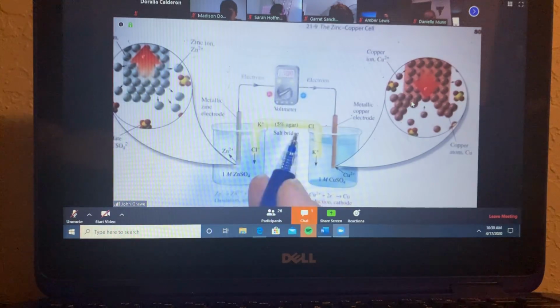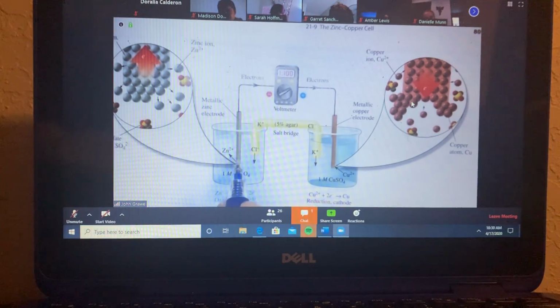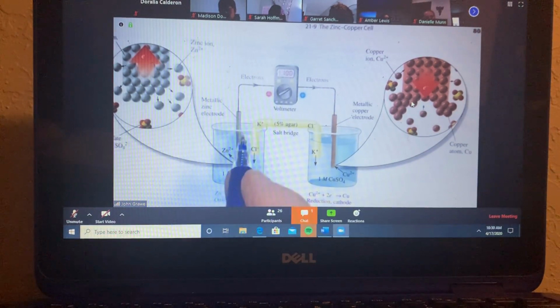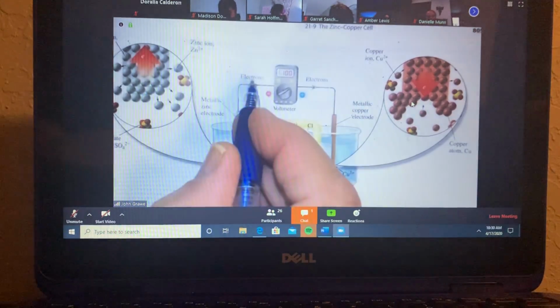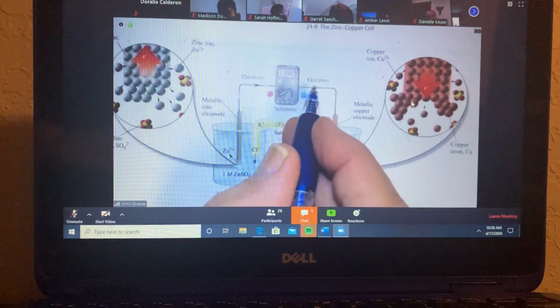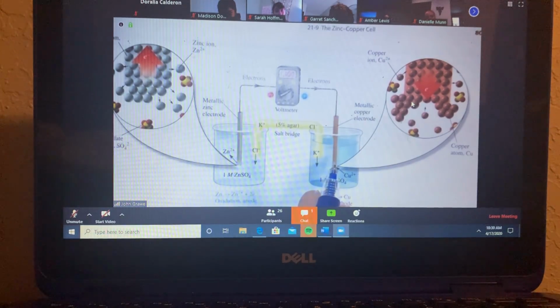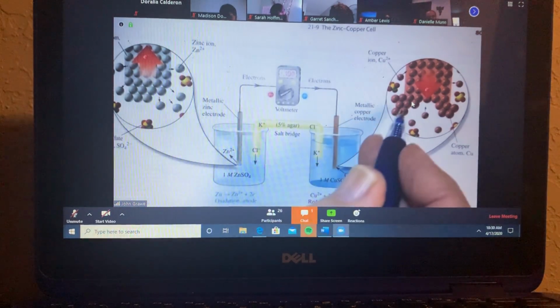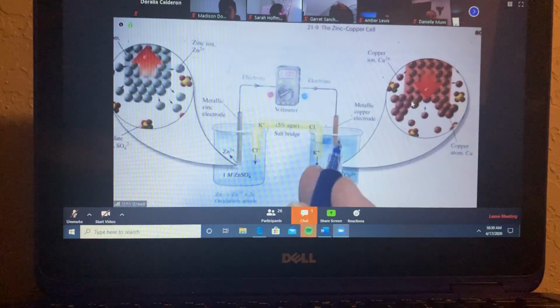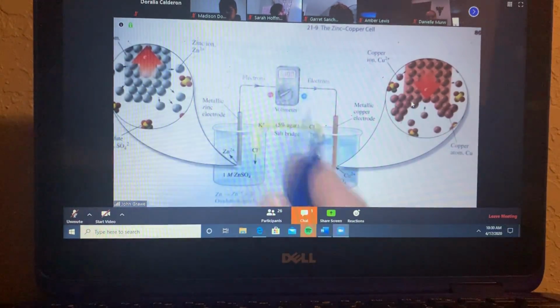So the electrons are being deposited here. This is negative. Flows through our device. Continue to flow because they're being pulled off of the other electrode, cathode. So if electrons are being pulled off by the ion to become metal again, then this side is plus.